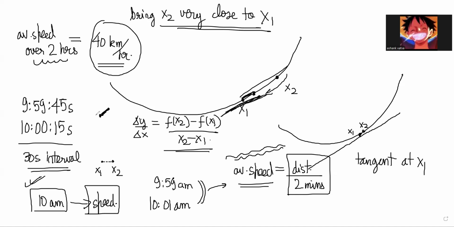If you calculate the distance traveled here and divide it by 30 seconds, then you would get an average speed, but that will be much more accurate, right? Do you understand the process? So the smaller you make your interval, the smaller the time you take the average over, the better it will be at telling you the exact speed, right?